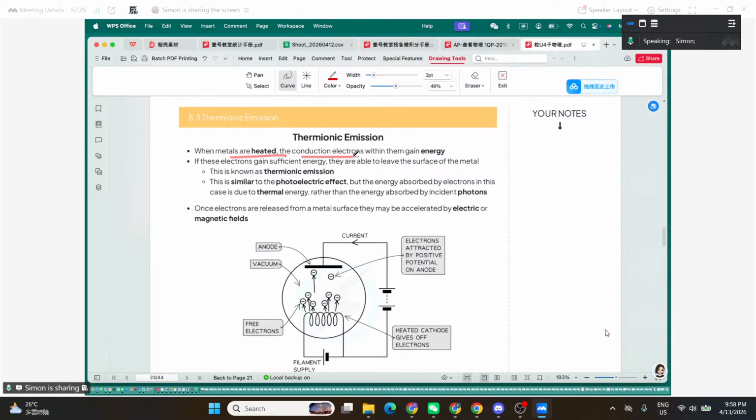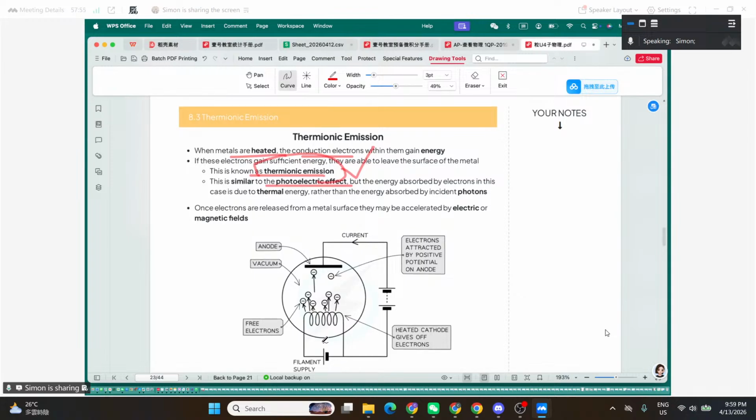Kinetic energy. If the electrons gain sufficient kinetic energy, they have the ability to leave the surface of the metal. This phenomenon is called emission, similar to the photoelectric effect.